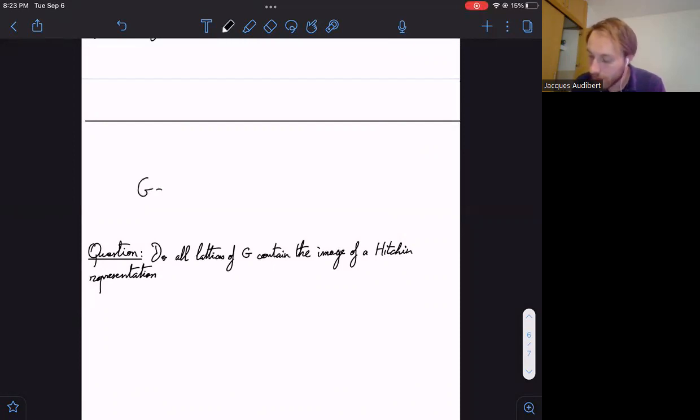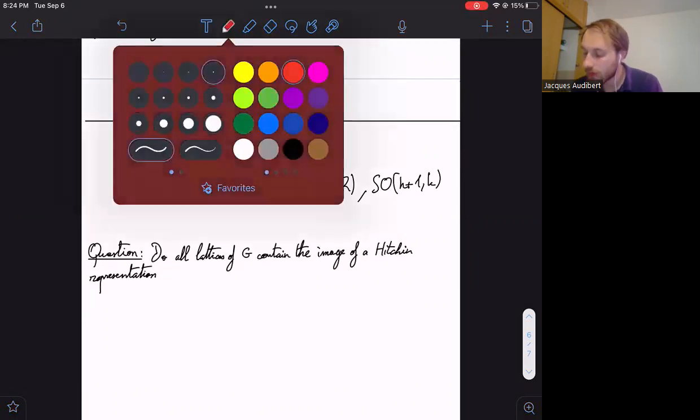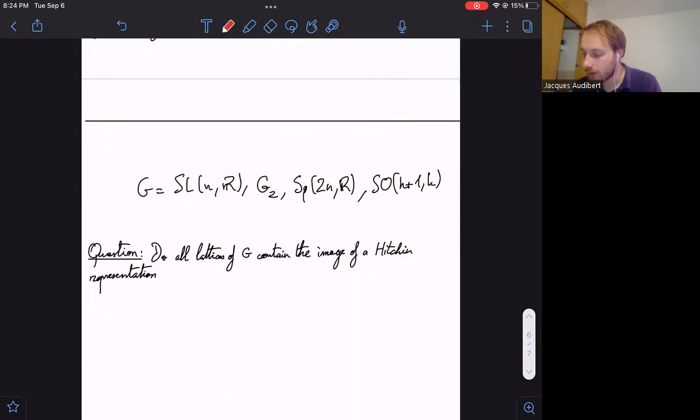So G here can be SLNR, can be G2, can be SP2NR, can be something like SO(k+1,k), the orthogonal group that preserves the bilinear form of signature (k+1,k). So in this question, well, it depends. Sometimes we can answer, sometimes we cannot. But I just want to emphasize another question that seems interesting.